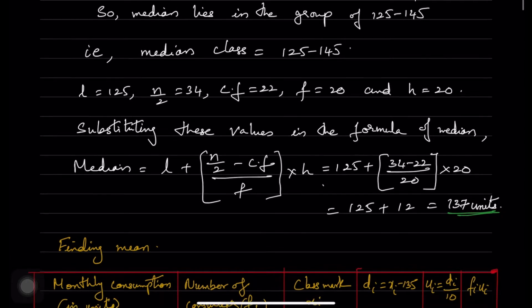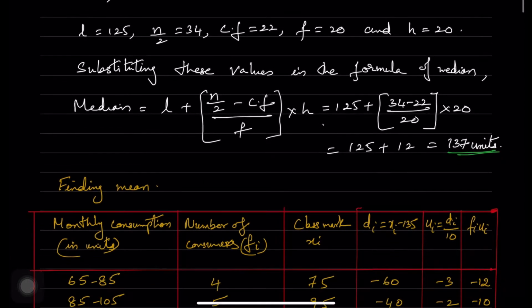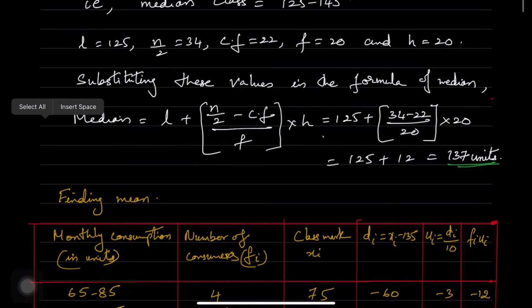Substituting these values in the formula, median is equal to L plus n by 2 minus cumulative frequency, divided by frequency, into h. That is 125 plus 34 minus 22 by 20 into 20, which is 125 plus 12, equal to 137 units. So this is the median.